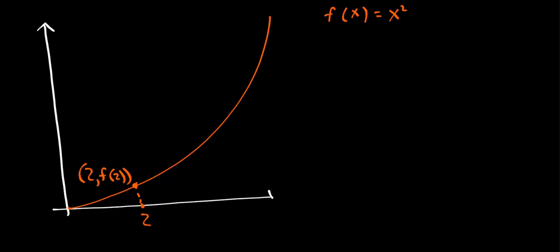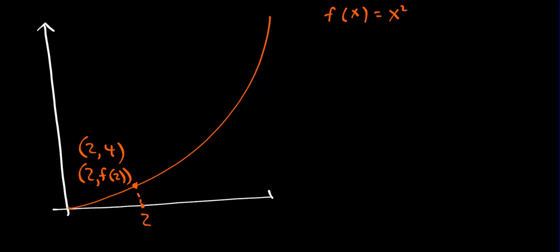We have this curve here, and I'll say this is f of x equals x squared. Let's suppose we have that. And I come over here, and here's the point, x equals 2. So this point right here is (2, f of 2), or we could say that's (2, 4). f of 2 is 4.